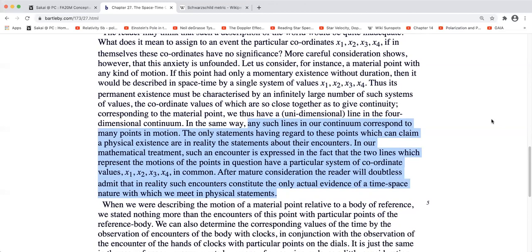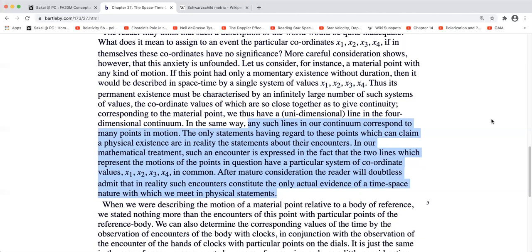Yeah, of course. In the same way, any such lines in our continuum correspond to many points in motion. The only statements having regard to these points which can claim a physical existence are in reality the statements about their encounters. In our mathematical treatment, such an encounter is expressed in the fact that 2 lines which represent the motions of the points in question have a particular system of coordinate values x1, x2, x3, x4 in common.